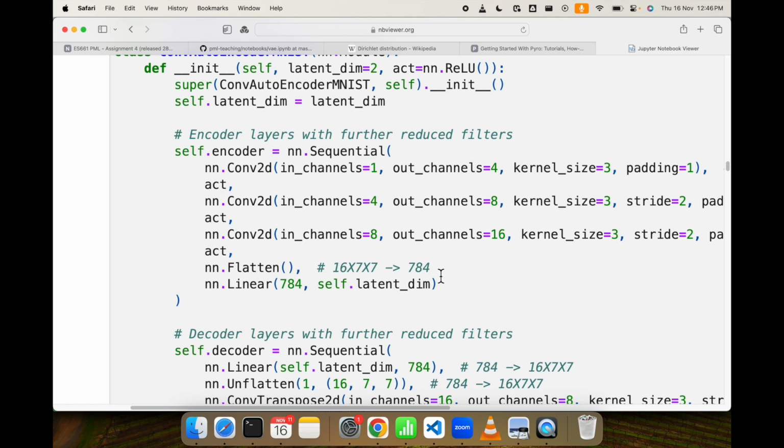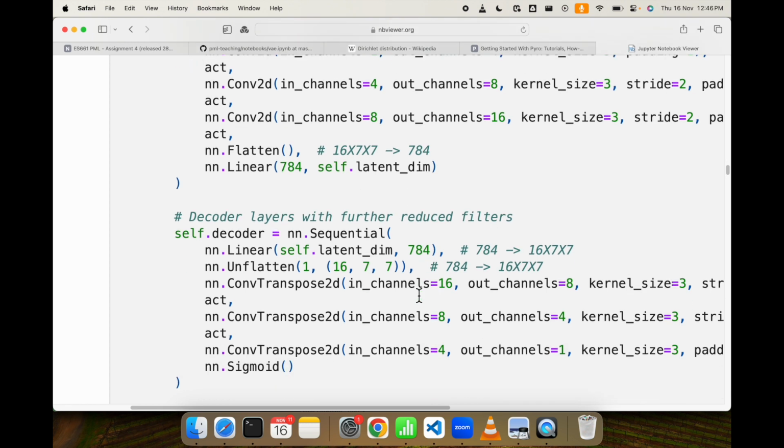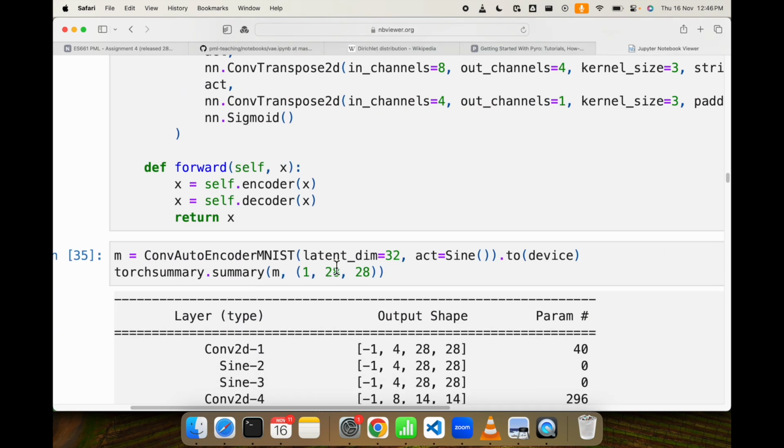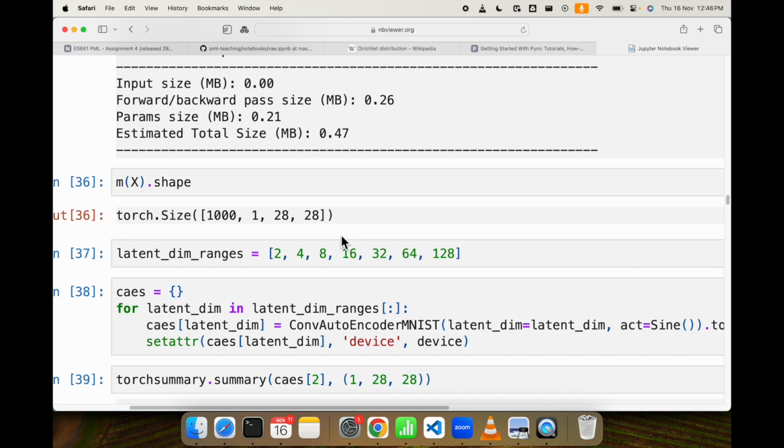Finally, I have a flatten to 784 dimensions, and then a linear layer from 784 to the number of latent dimensions. In the decoder, I'll do almost the exact opposite. Instead of using Conv2D, I'll call Conv2D transpose. And this will typically have a lot more parameters.